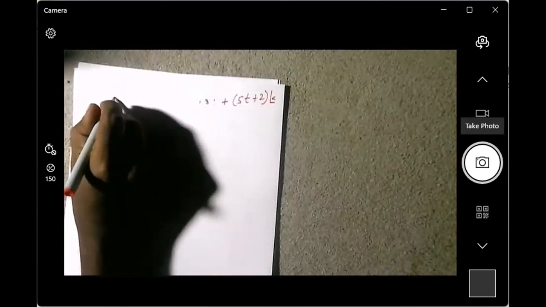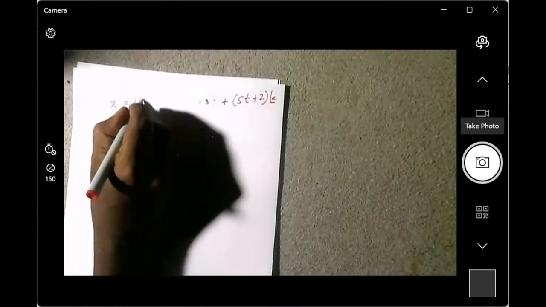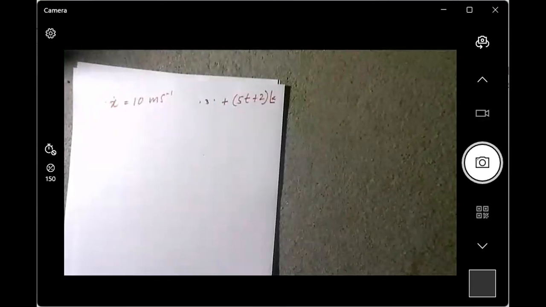So if the link moves at that speed, the pin must be moving at that speed in the x direction. So what it literally means is that the x component of the velocity, x dot, is 10 meters per second, right? Because that is the velocity of the link.